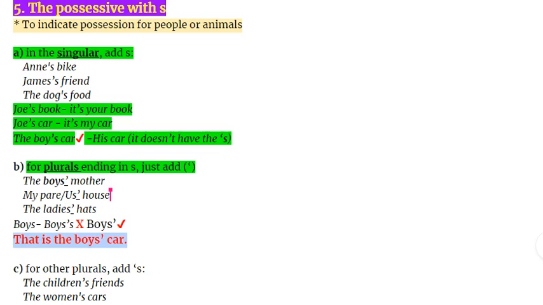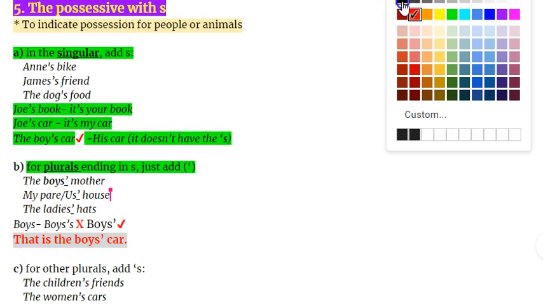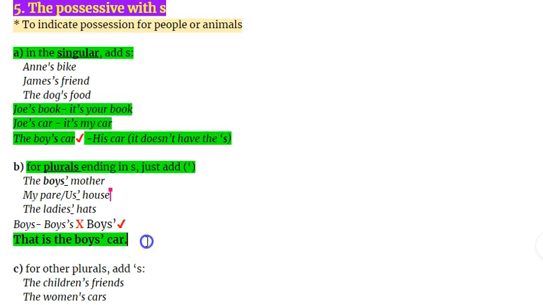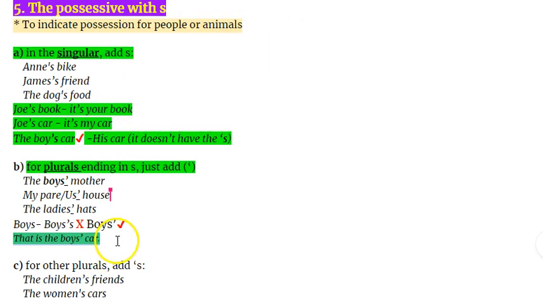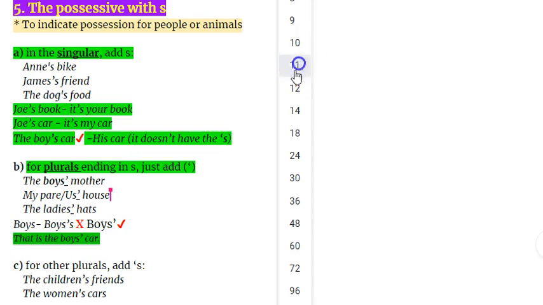That is the boys' car. Any questions? No question.